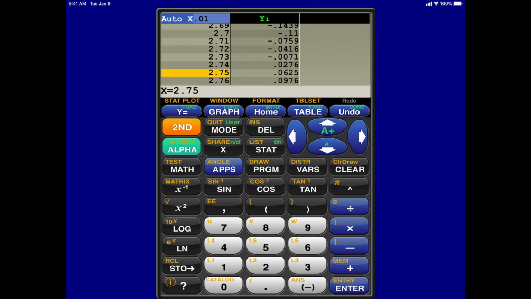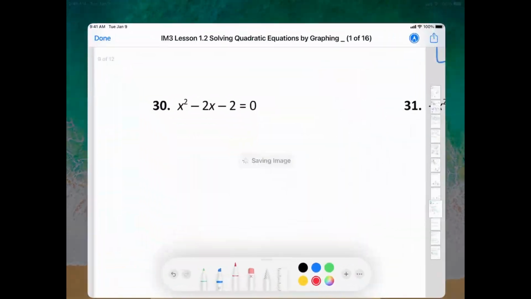And pretty close, right? I changed it to 0.01 once I was really close. If you're not close, you can do 0.1s. But there it tells me my x value around 2.74.